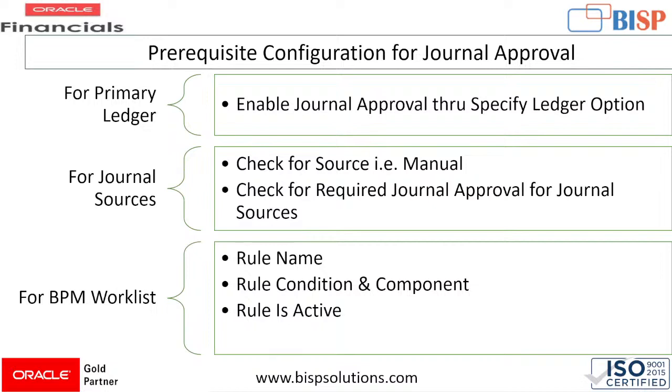And we will test the manual journal as we push the manual journals, and accordingly we will also see the ADFDI, how to create the ADFDI, downloading the ADFDI tool and creating journals through the ADFDI, and also we will see the FBDI, how to import the data through FBDI templates also. So that's it for today.